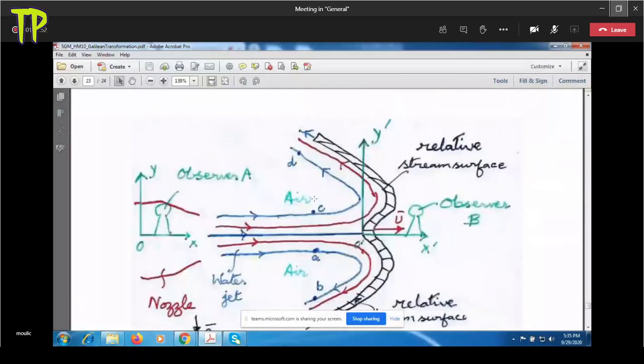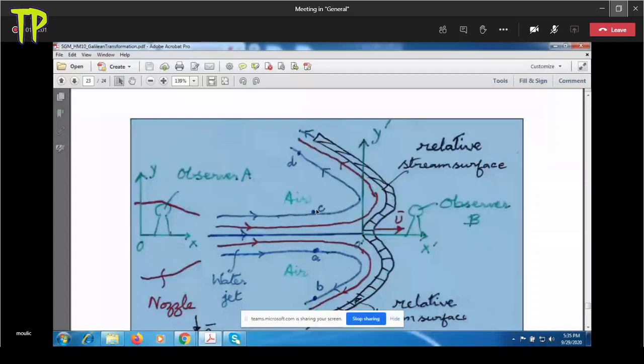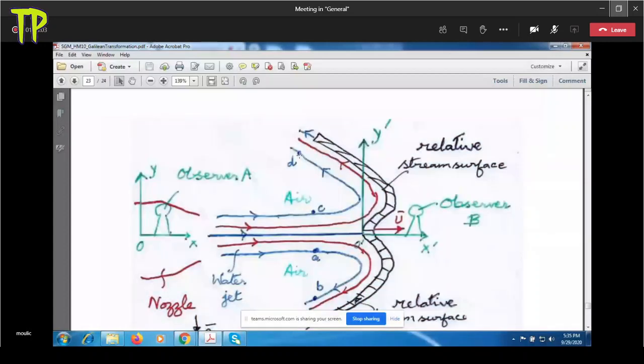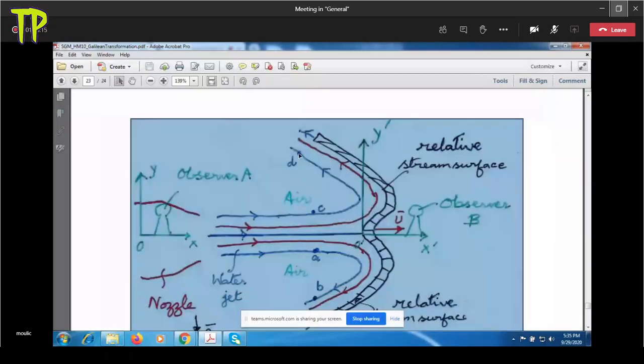Now similarly, you can do a similar analysis and apply Bernoulli's equation in the translating plane between point C and point D. And what will be the conclusion? The velocity at point C is approximately equal to the velocity at point D. Which velocity?